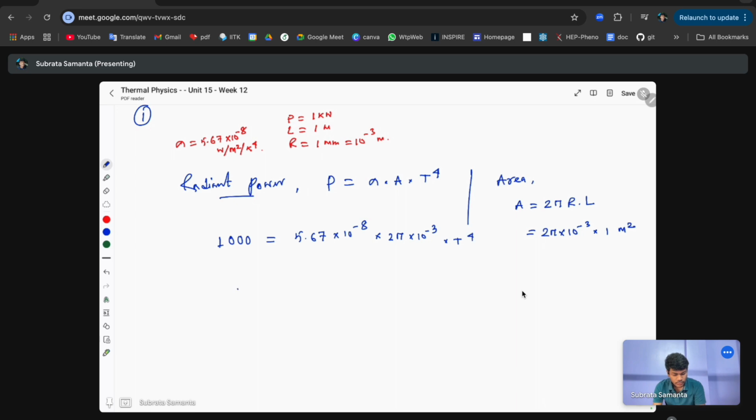Then the temperature T equals 1000 over 5.67 times 10 to the power minus 8 times 2 pi times 10 to the power minus 3, all to the power 1 over 4.